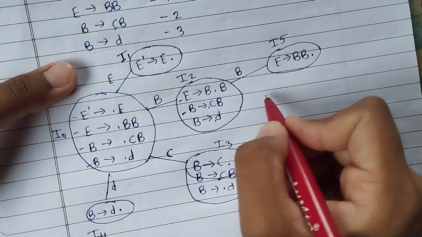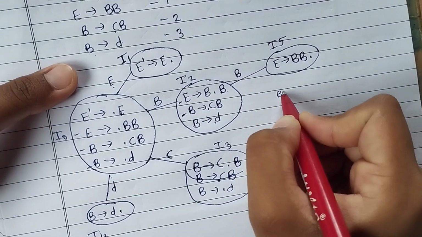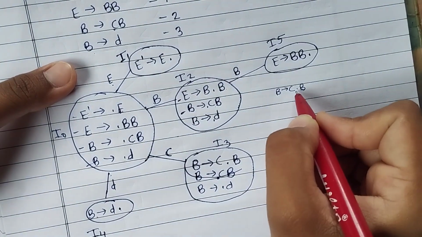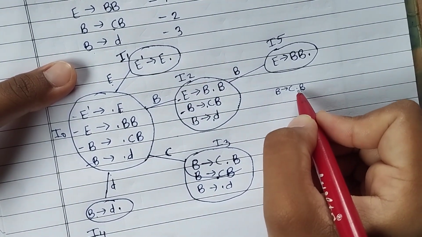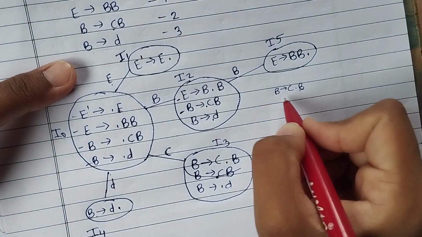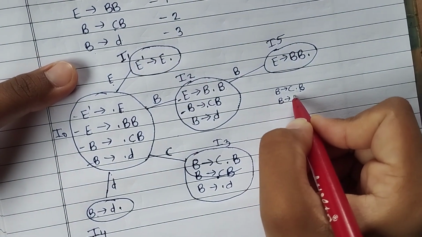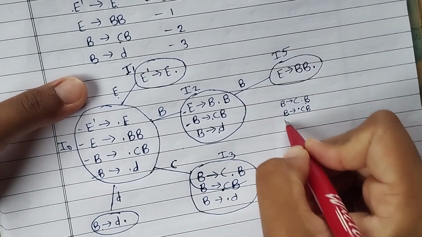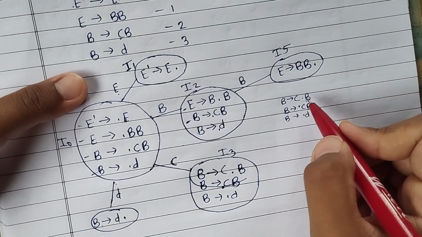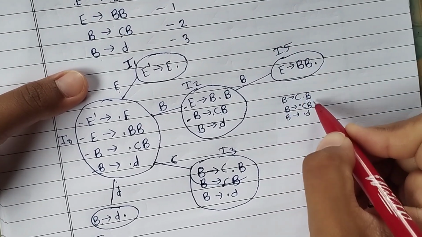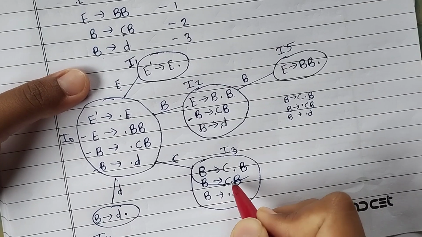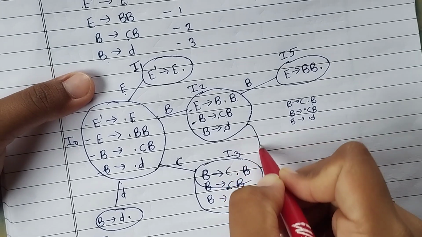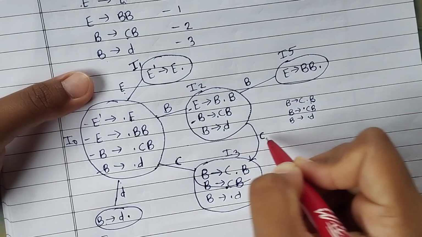So what we get is B → C.B, then the non-terminal B comes after the dot, so all the grammar with respect to B, B → .CB, then B → .D. If you see carefully, all these things are present here itself. So instead of writing one more state, we directly shift to this state. So this is changed with respect to the opening bracket.